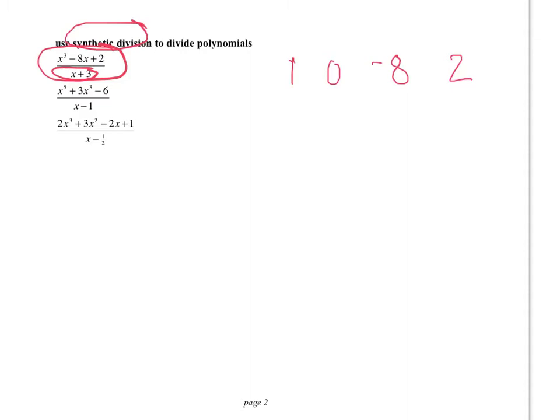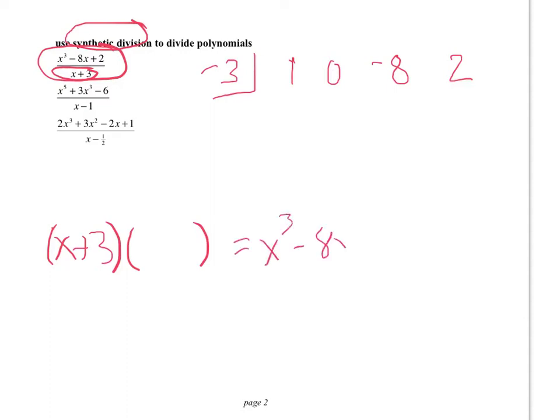Now, we want to divide this polynomial by x plus 3. And so that means we're checking to see if negative 3 is a 0 of this polynomial. Because if x plus 3 divides that polynomial and there's no remainder, that means you have x plus 3 times some polynomial that's exactly equal to x cubed minus 8x plus 2.